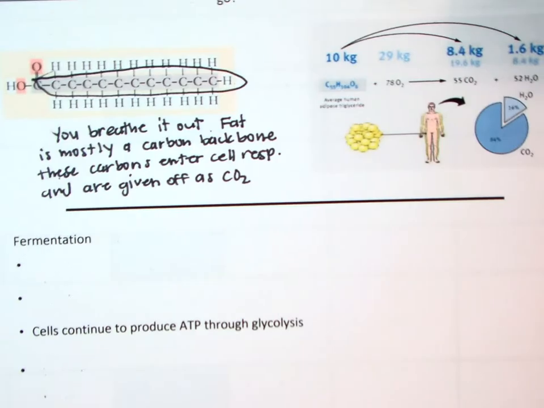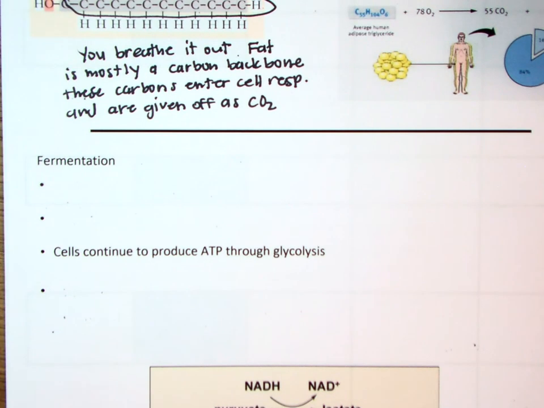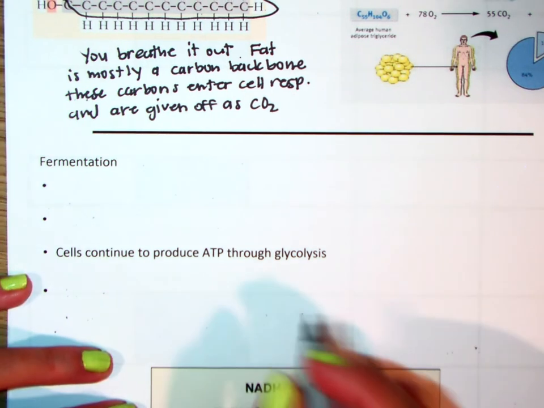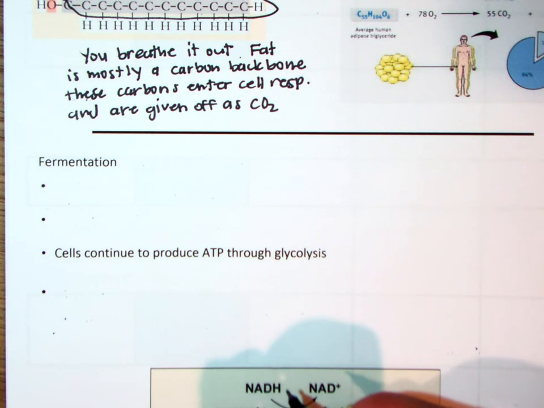Alright, we are going to come back in just a second and summarize all of those four processes. But first we need to cover fermentation. So this is our anaerobic respiration.